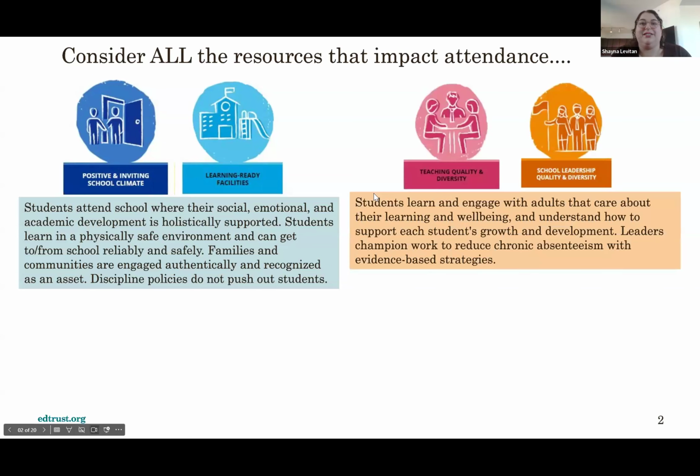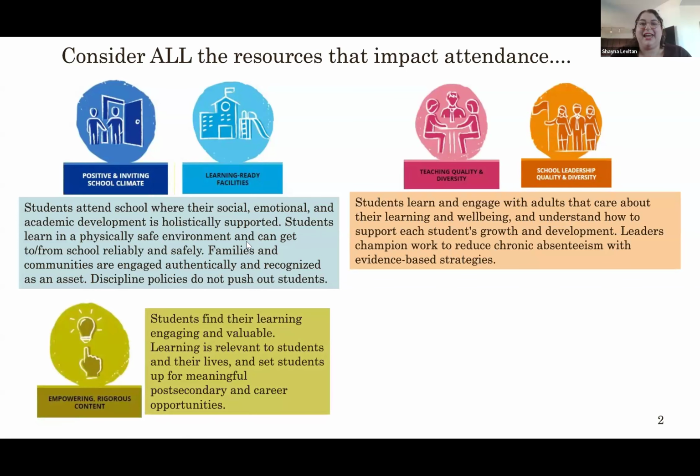Also thinking about the adults in the building, and we'll be hearing from one important adult in the building, a principal, later on in our panel. Do they understand how to support student well-being and express care for their students? And is there a leader at the helm of the ship that understands evidence-based practices to reduce chronic absenteeism and has the capacity to implement those strategies with fidelity?